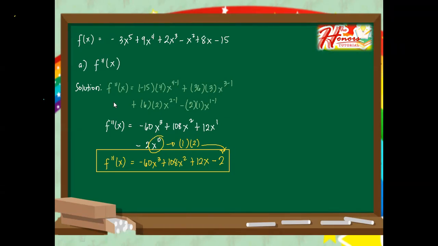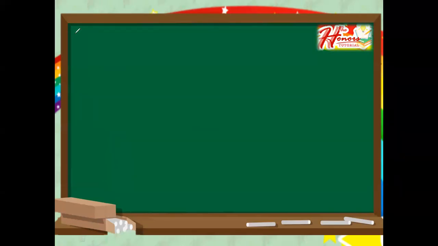Now, let's have letter B. For letter B, we are now tasked to look for the third derivative. So for our solution here, we will be using the second derivative.